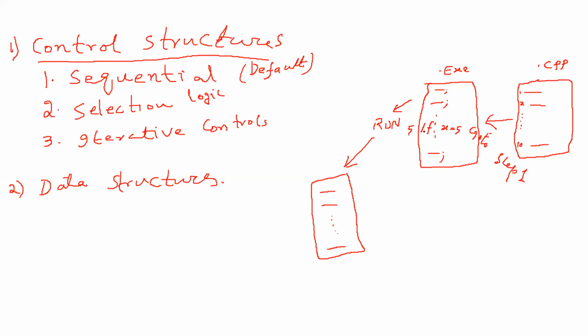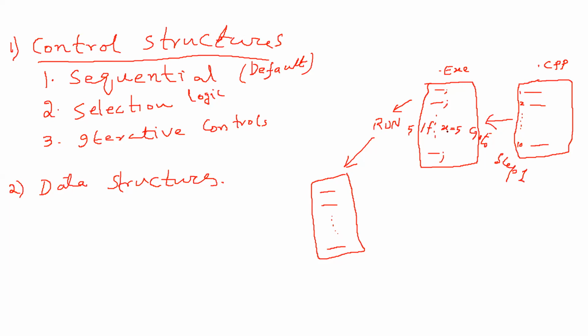When line number 5 occurs, it has a condition: if the value of x is 5, then repeat the instruction number 1, step number 1. So if the value of x is 5, the sequential logic will be interrupted and it comes to step number 1 again.